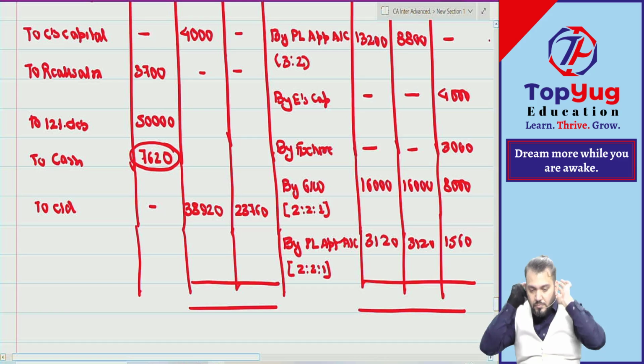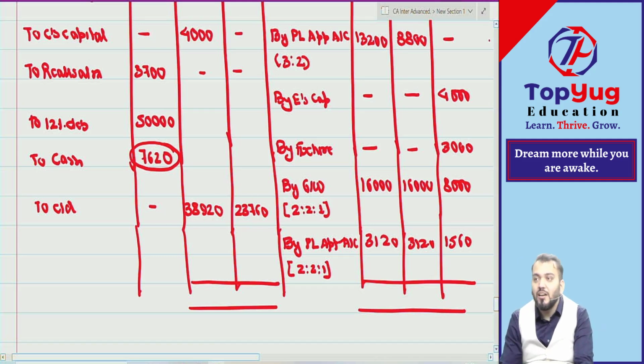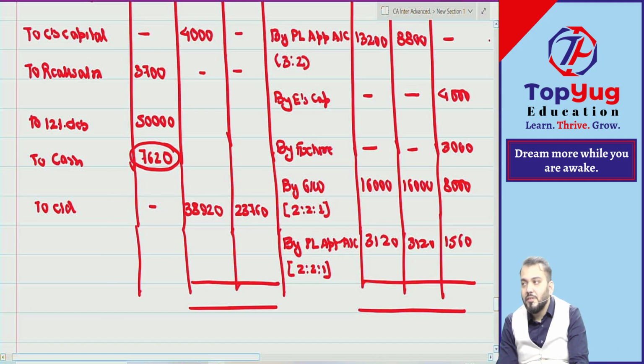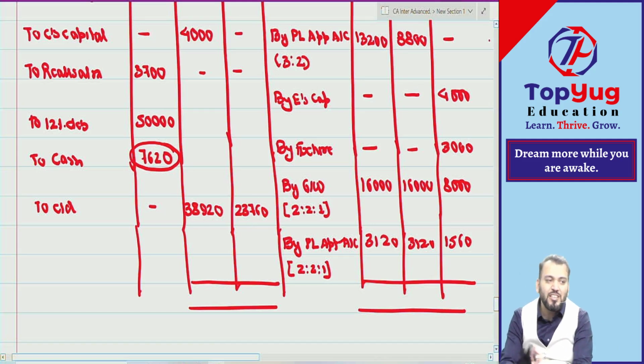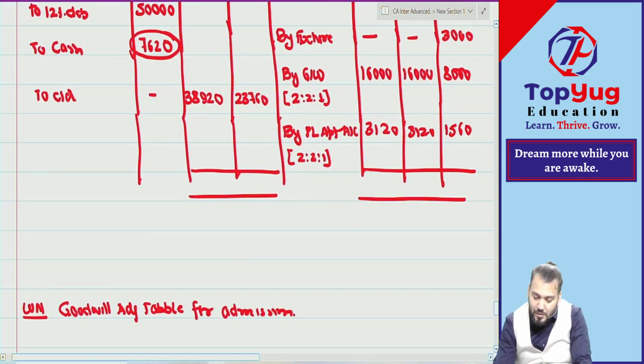Correct. Now, this will be converted into what? This will be converted into which capital? Equity share capital? Equally, na? Because they have given equally.